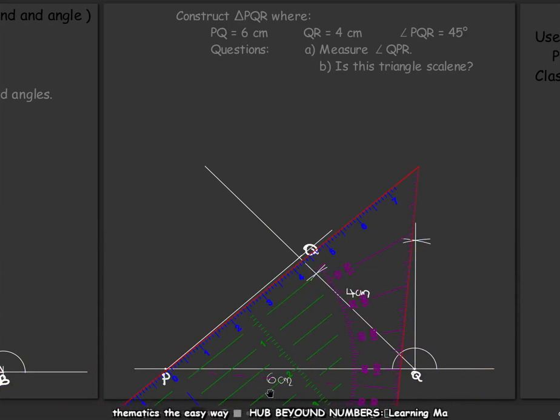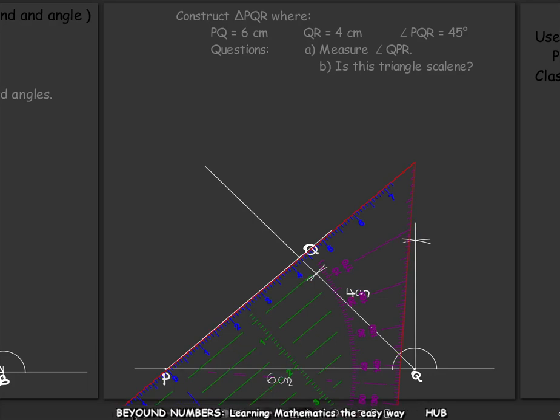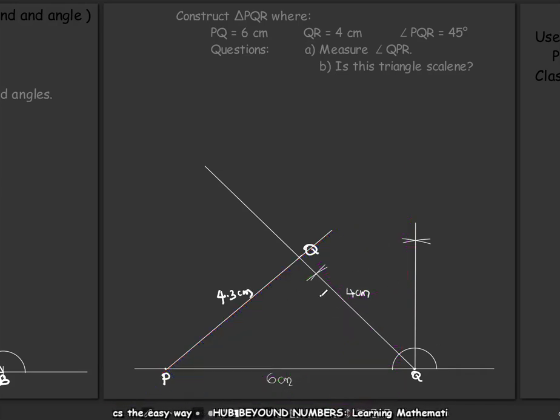As we can see, my measurement of PR is around 4.3 centimeters, which is not equal to any of the ones we have over here. Hence it is a scalene triangle because all the sides are different. We have 6, 4, and then 4.3. So that is it for this one.